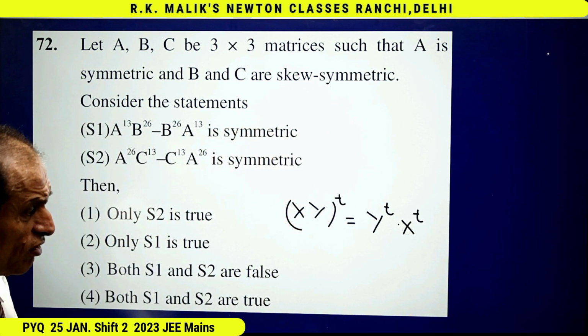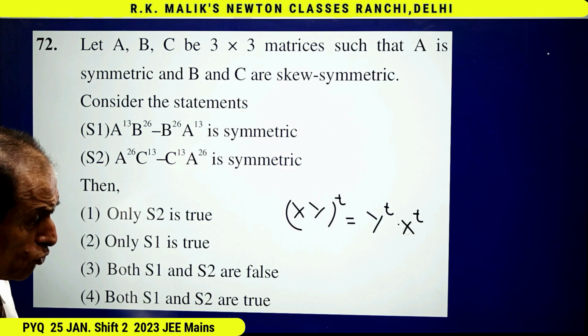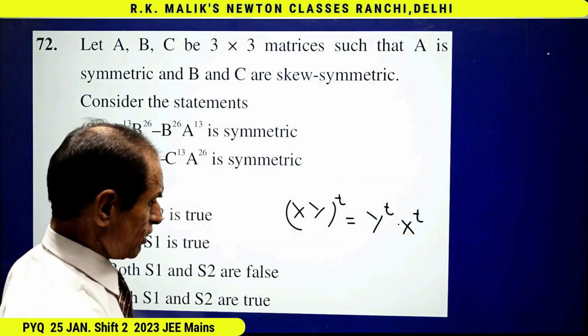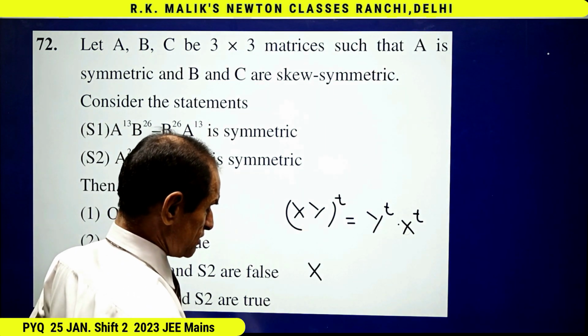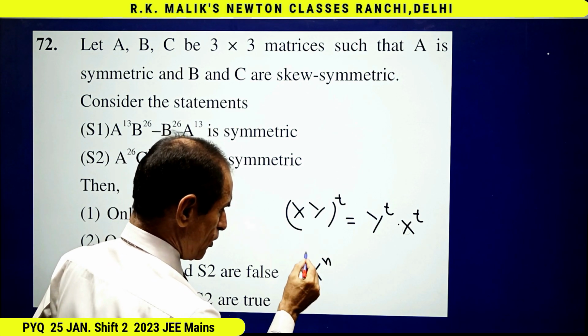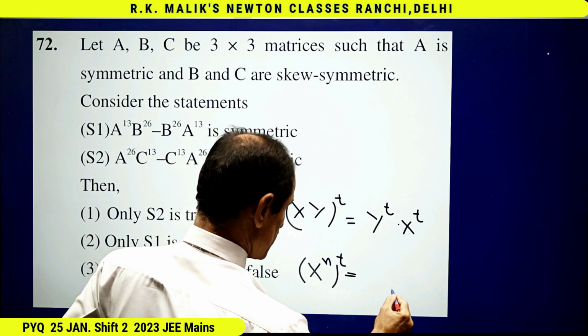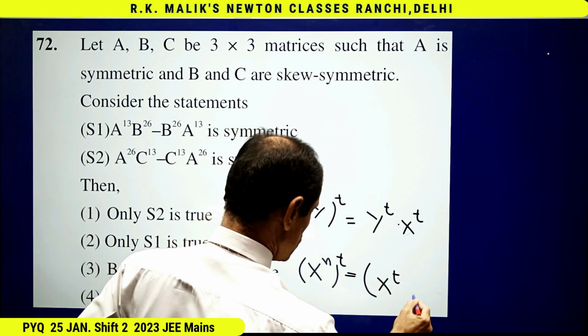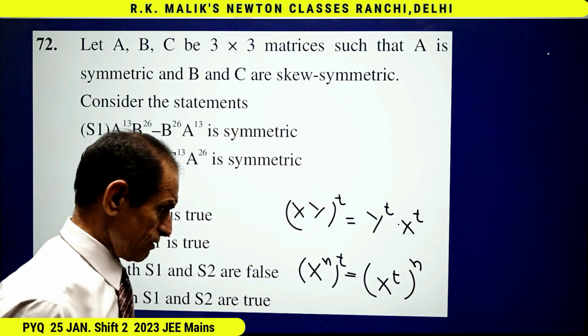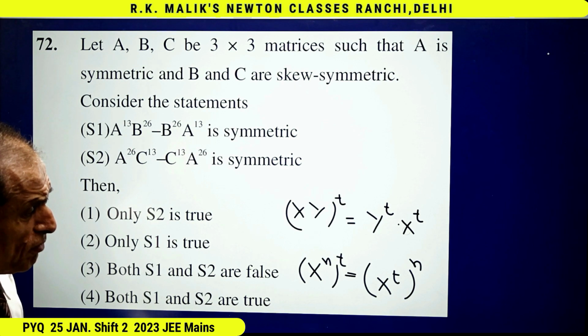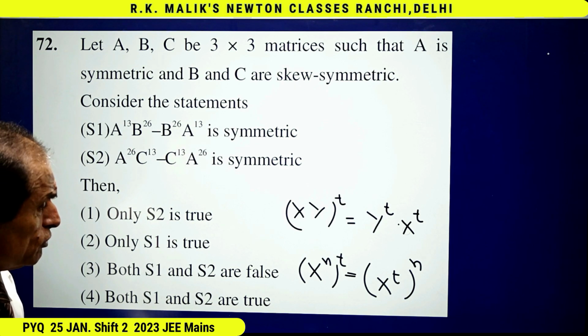And one last concept which you should know is for any square matrix X, (X to the power n) whole transpose is equal to (X transpose) whole to the power n. Now, keeping all these formulas in mind, I will be doing this question.